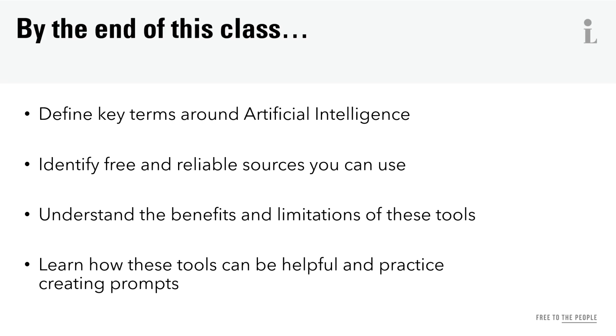For this program, we're going to work on defining some key terms around artificial intelligence, looking at some free and reliable resources that you can use, understanding the benefits but also the limitations of these tools, do's and don'ts, and learning how these tools can be helpful, as well as practicing creating some prompts, or at least following along while I walk you through how chatbots like ChatGPT and Copilot can work.